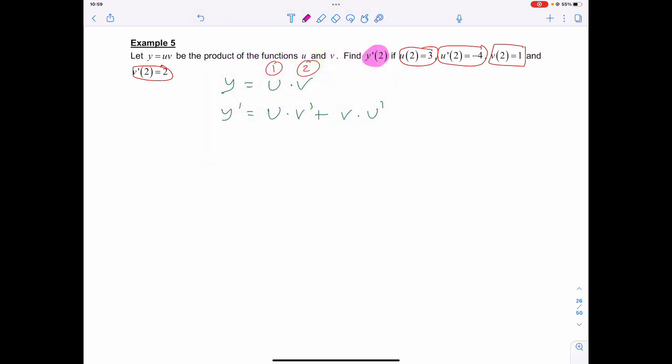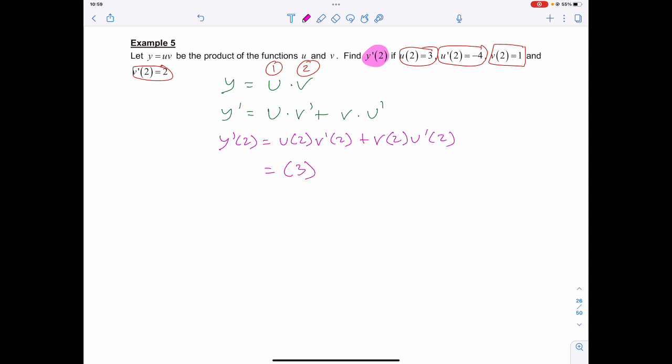We know that we're trying to find y prime at 2 when we have u at 2 times v prime at 2 plus v at 2 times u prime at 2. And we know that u at 2 is going to give me 3.